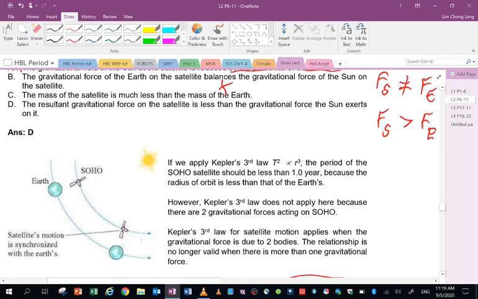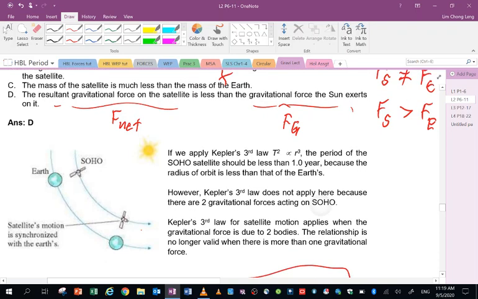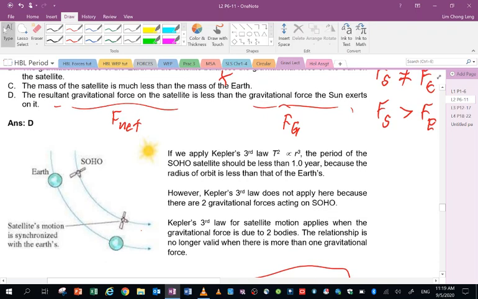So here that is talking about the resultant force. This is F net. F net is less than the gravitational force. This is Fg. So obviously Fg is more than F net.